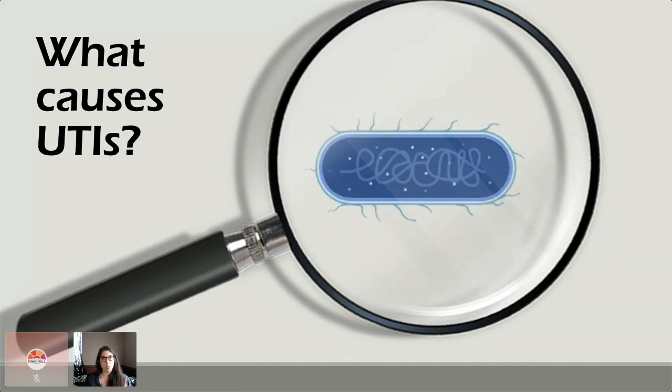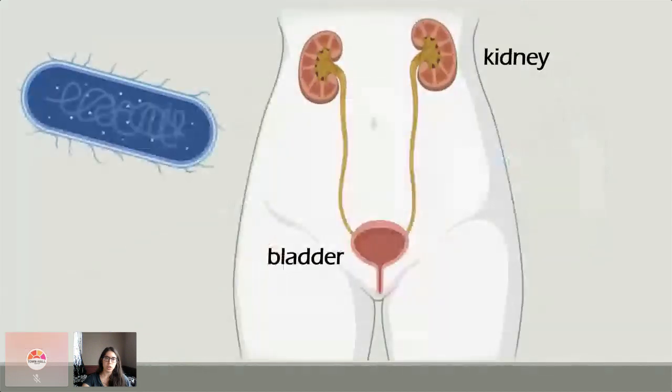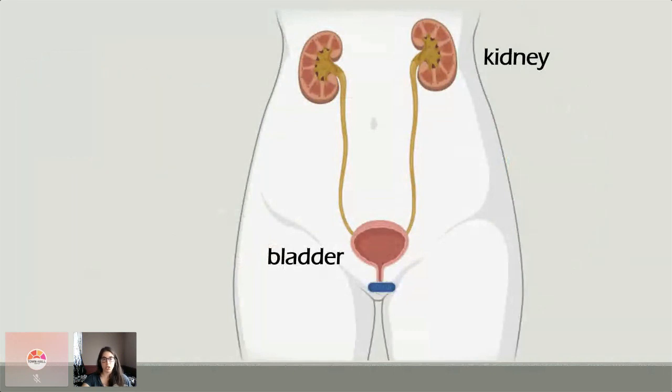Our cells work together to make, well, us, whereas bacterial cells tend to behave a little more independently from each other. And so a UTI occurs when one of these bacteria somehow gets inside of our body, say through our urethra, which is the tube that connects our urinary tract to the outside world.